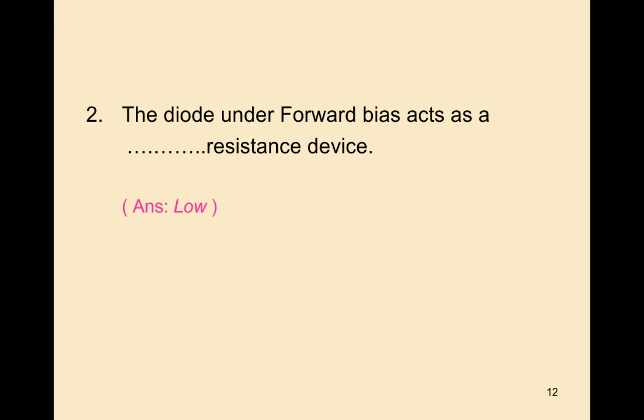That means when we connect the diode in forward biased mode, the diode behaves like a low resistance device. Why do we call it a low resistance device? Because the current in the diode is maximum. Current is maximum means resistance is low. So that's why we call it a low resistance device.